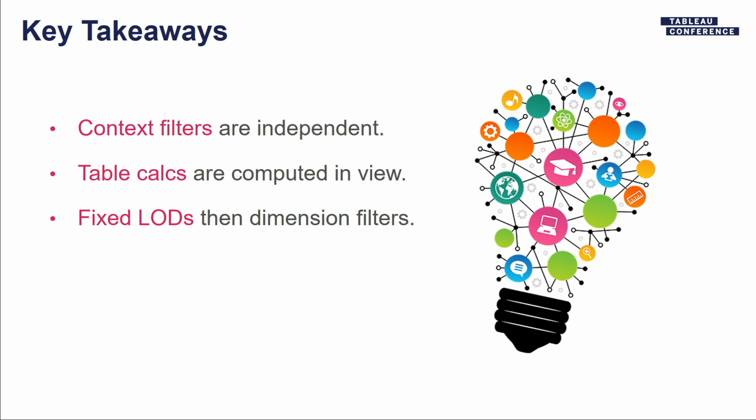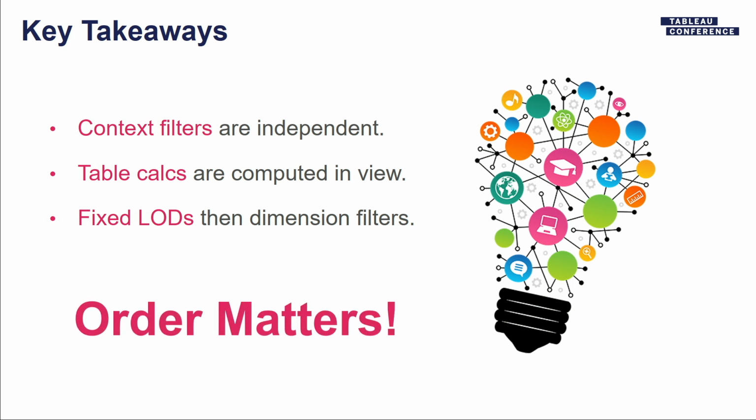As we've seen with this last example, if you need something that is computed in the view, then you're going to use the table calculation filter. And the third one is that if you need the calculation to be independent and applied before dimension filters, then you can choose the fixed LOD calculation. And overall, just remember that order matters. Also, the most important key takeaway for me today is that now you know how to cook a delicious dish of pasta.